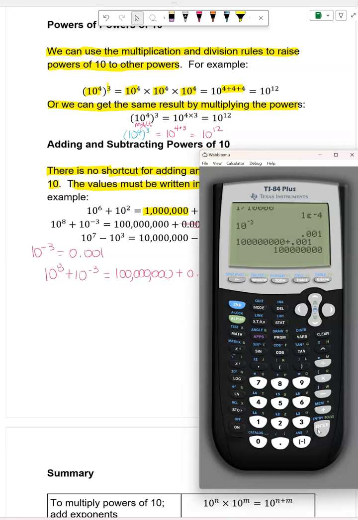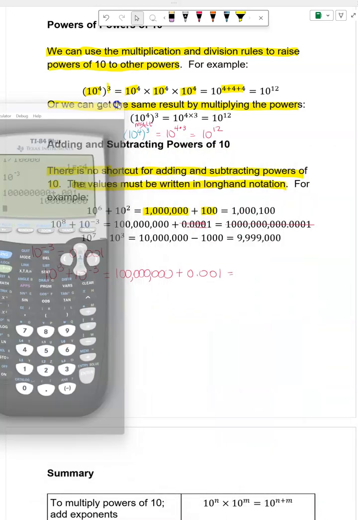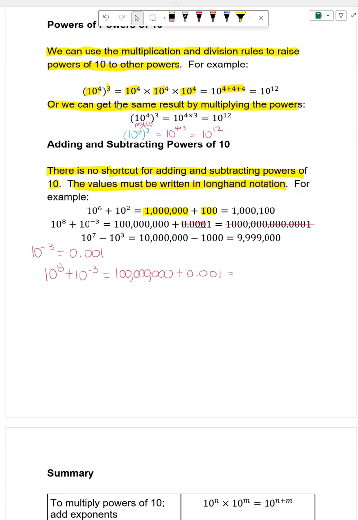Oh, why didn't I do it? Because it rounds. Okay, 1, 0, 1, 0, 0, 0, 0, 0, 0, 0.001. There you go. That would be it.